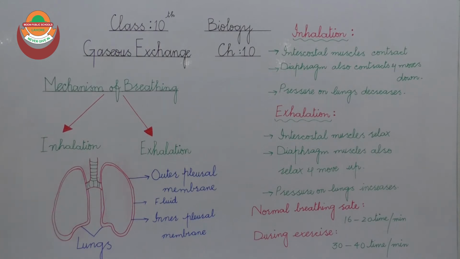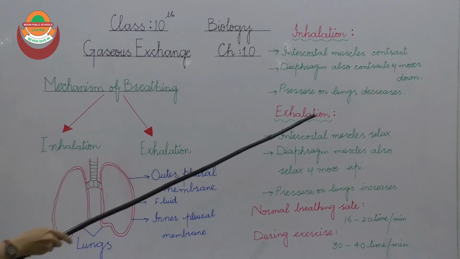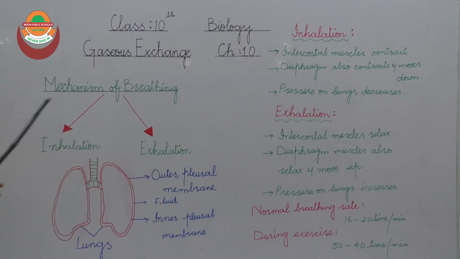When the diaphragm moves down and the ribs are raised, there is an increase of space in our thoracic cavity. Then our lungs expand, and when the lungs expand, the pressure in the lungs decreases. So, to stabilize the pressure between the lungs and the environment, we inhale air into the lungs. This is all about inhalation.